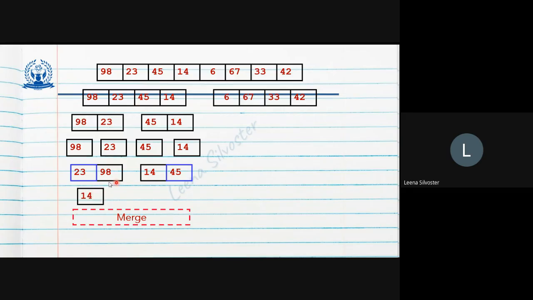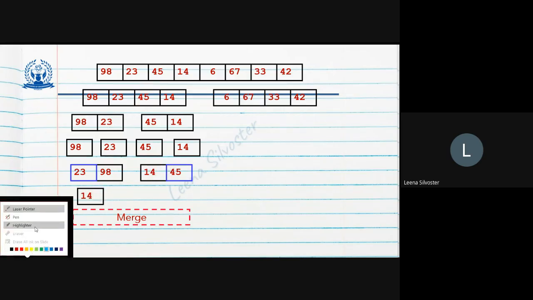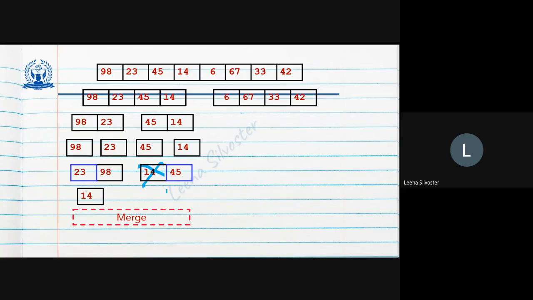After that, we have to compare. 14 is over. So the pointer will move to this one. Here the pointer is moved to this one. So we will compare 23 and 45. Which is smaller? 23 or 45? 23. So after 14, we will move 23 to the set.